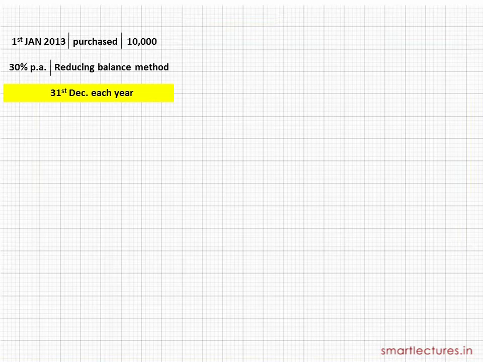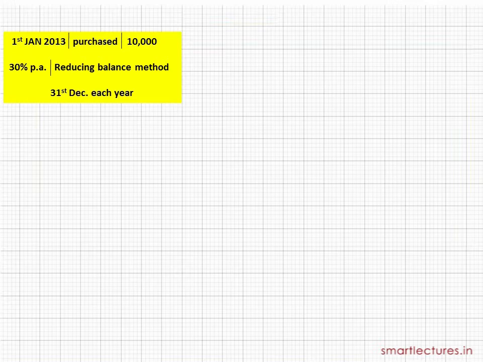What it means? On 1st January 2013, a company purchased machinery for 10,000 and the depreciation is provided at the rate of 30% per annum, but on the basis of reducing balance method. It's a new thing for you, and the books are closed on 31st December each year.